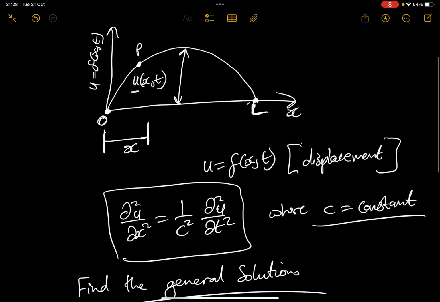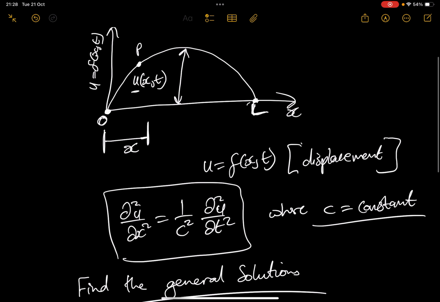This corresponds to the string being stationary. Why? Because if you come back to the original equation, everything is 0, which means u(x,t) is equal to 0. That is wrong, because that means the string is stationary, but we know that the string has been displaced at point P.